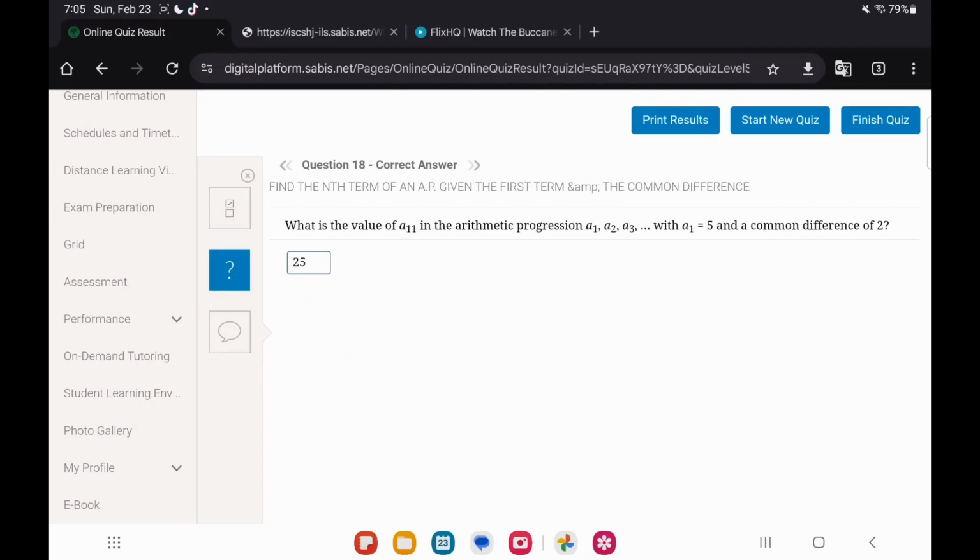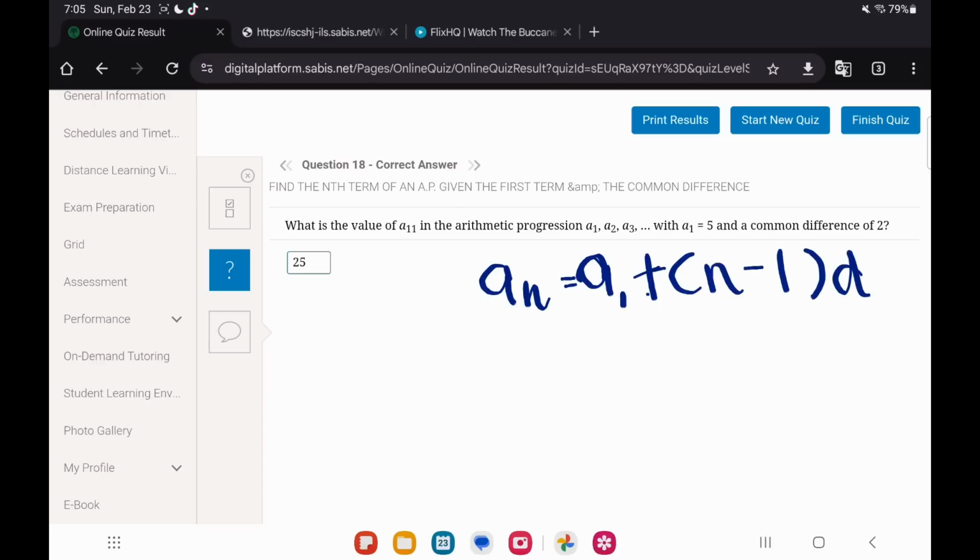Okay, to solve this question, we have a rule or formula that goes like an equals a1 plus n minus 1 d. D is the common difference, by the way.